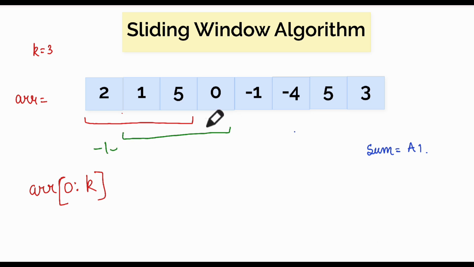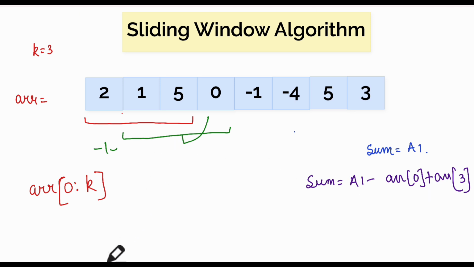And I need to add the new element, correct? So whenever I am sliding any window, I will delete from that particular sum. So I'll do sum which was equal to a1 minus, for example, array of 0, and then I have to add array of next, which is the coming 0, 1, 2, 3, right? So this is what is happening, right?